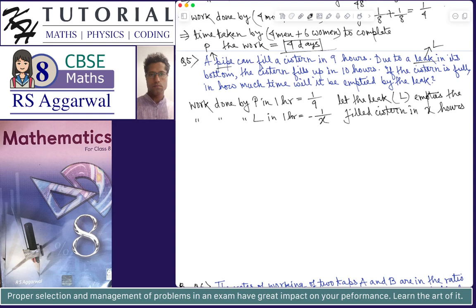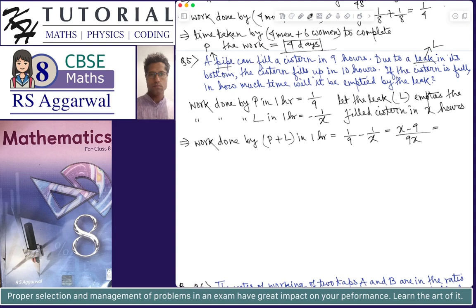So now we can say that the work done by P plus L, that is the pipe along with the leak at the bottom of the cistern, in 1 hour will be equal to 1 by 9 minus 1 by X. If we simplify this, it is X minus 9 divided by 9X.